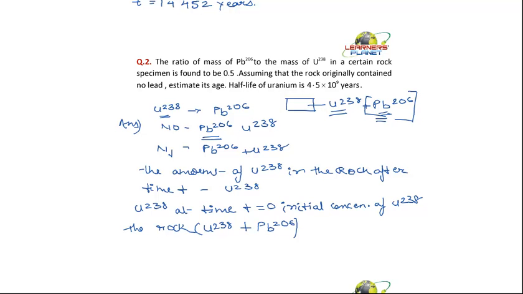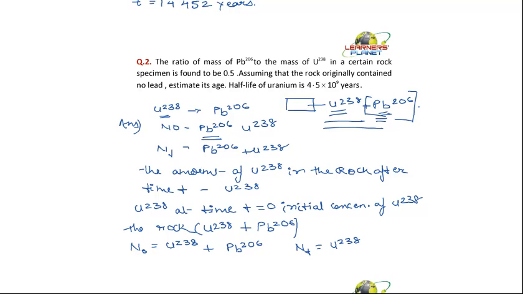Because we don't know what concentration the rock initially had, all we have is U-238 plus Pb-206. Now this whole would have been present initially, and there is some final U-238 concentration present. So we can take N naught equal to U-238 plus Pb-206, right? And N_t we can easily calculate because U-238 is present, so it is U-238, right?